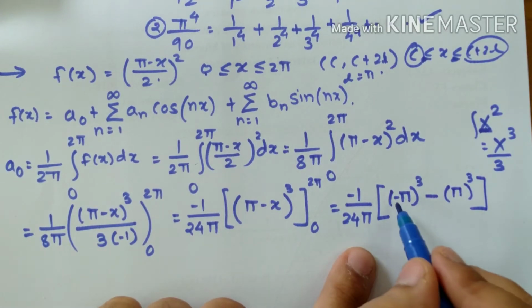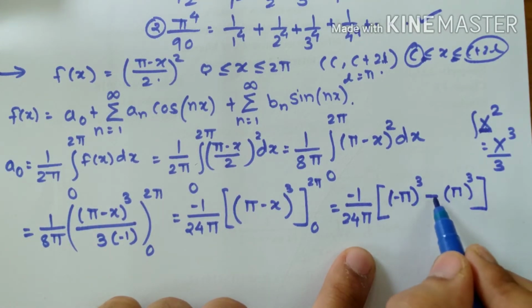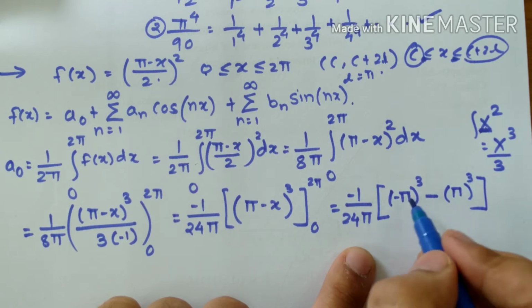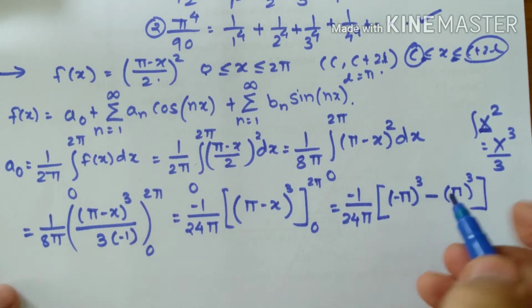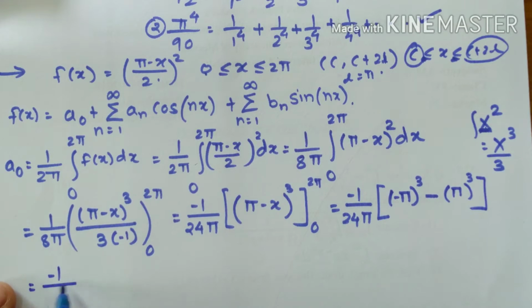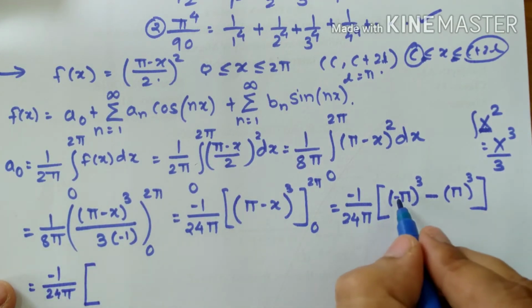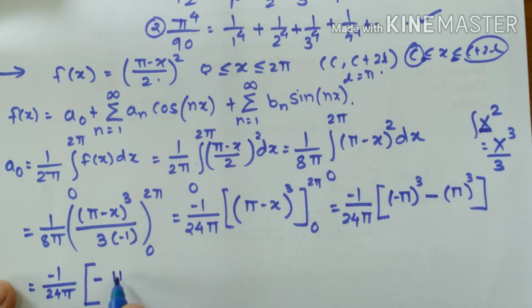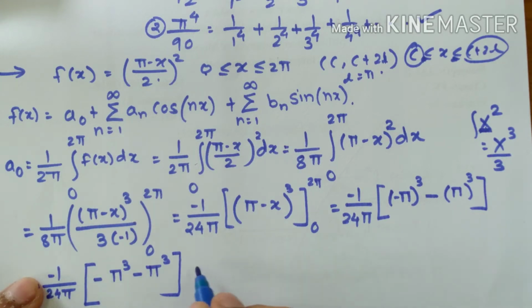Now this minus pi cube and this minus pi cube. I'll need to simplify this again. So this is minus 1 upon 24 pi into bracket. So this is minus pi cube, and this minus pi cube, so that becomes minus 2 pi cube. So this minus sign and this minus sign becomes plus.